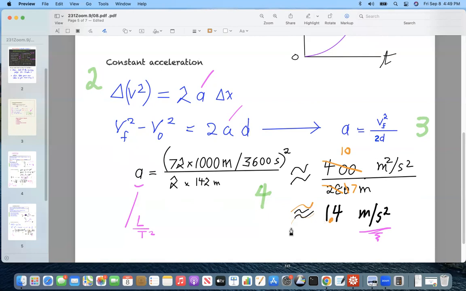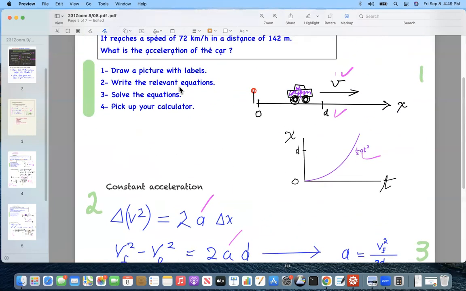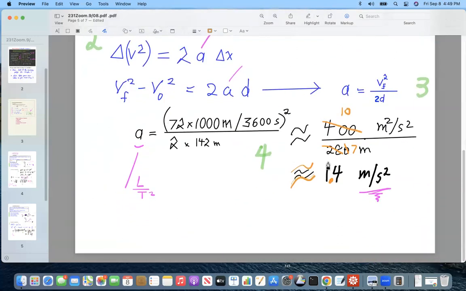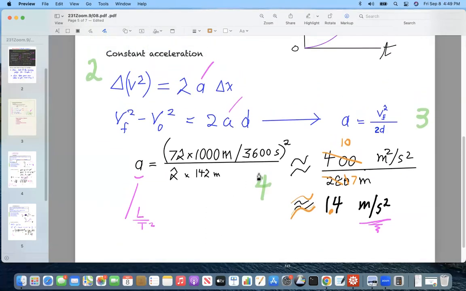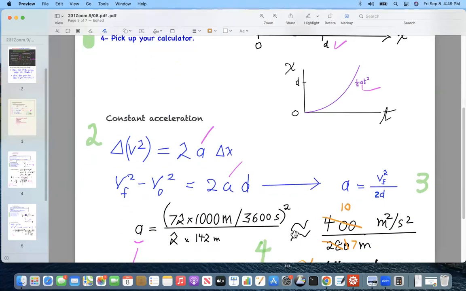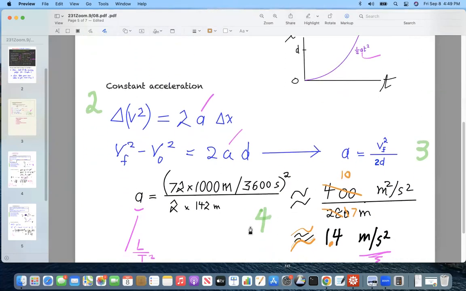You're not going to accelerate your car at more than 1 G. It'd be a little fraction of a G. Did you see the fourth step, putting in the numbers, is the very last thing you do.